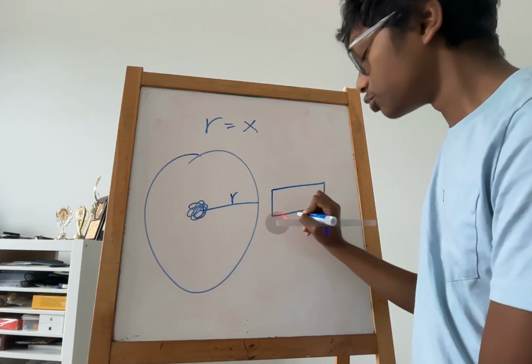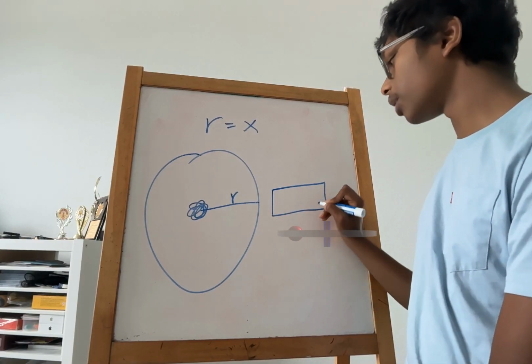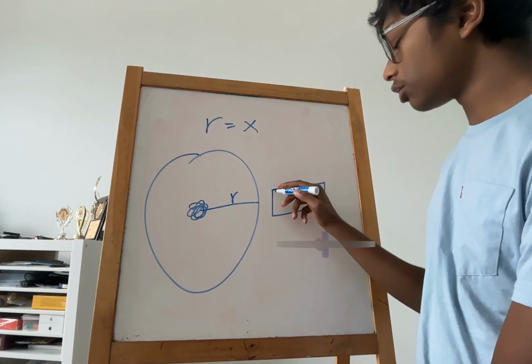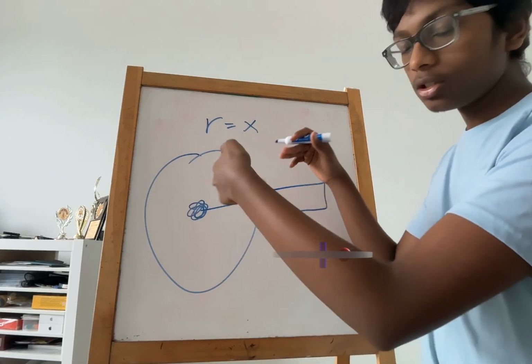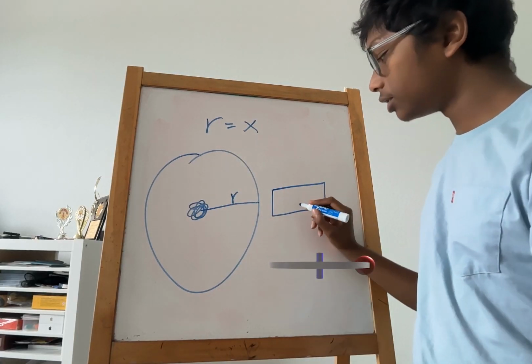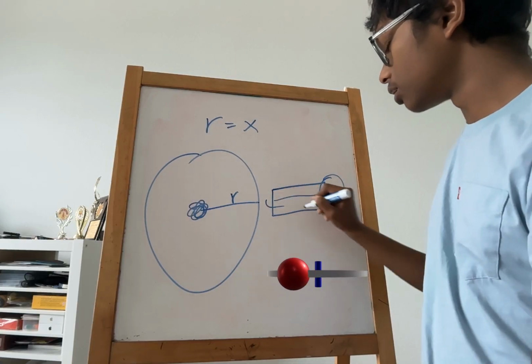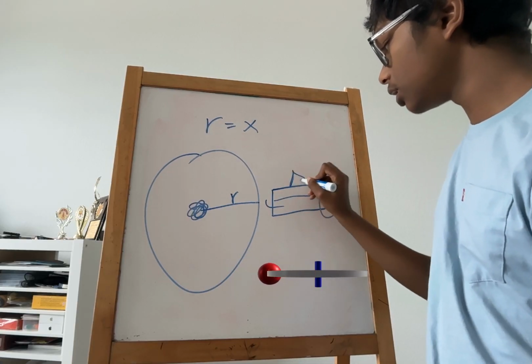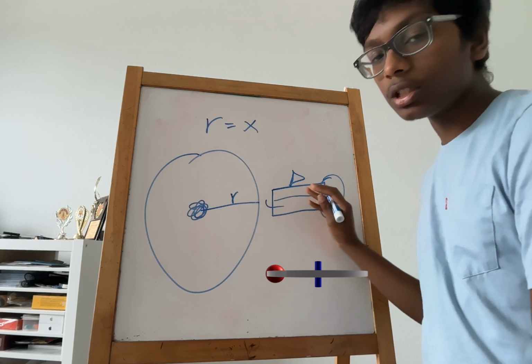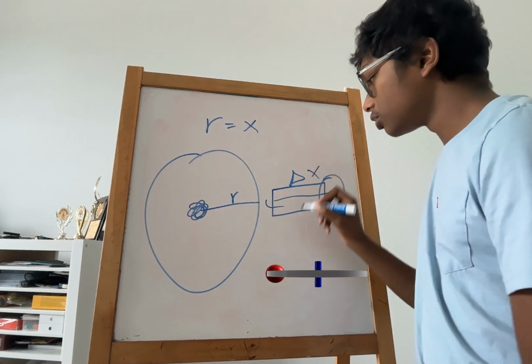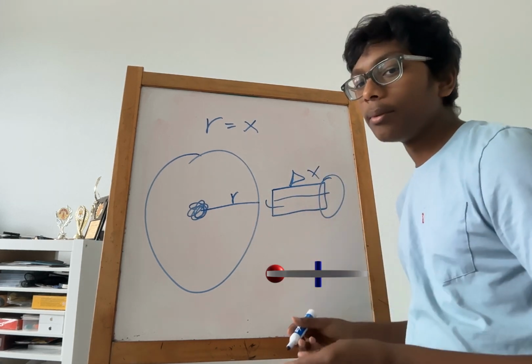Let me draw it as a spring to make more sense. Let's say this is our cylinder on the two-dimensional side, and there's a mass that's going from here to here, and this change in position is basically change in x. So r and x are equivalent to each other.